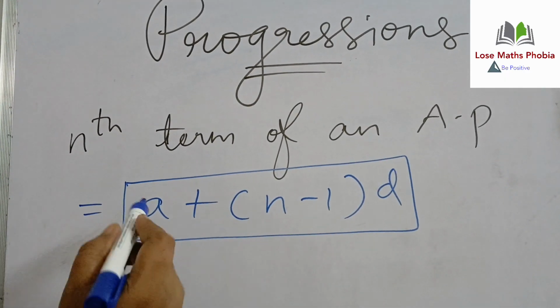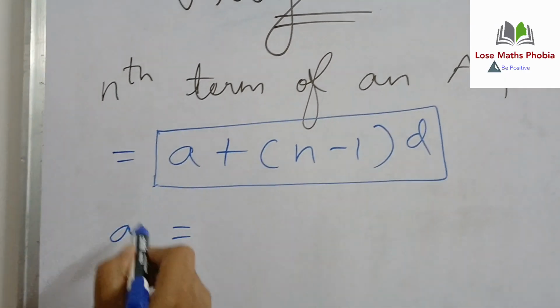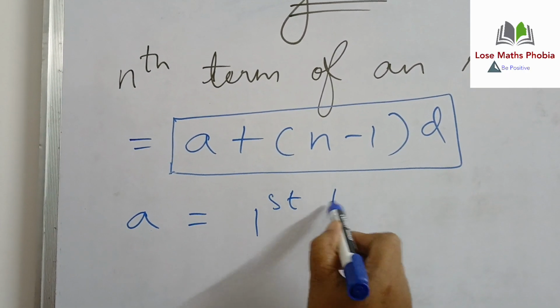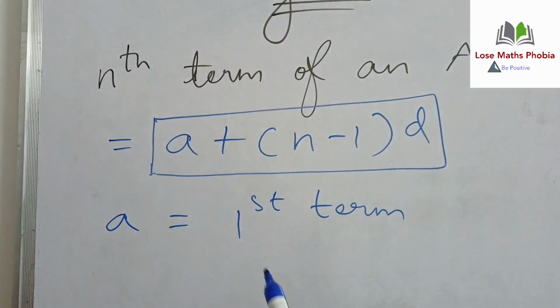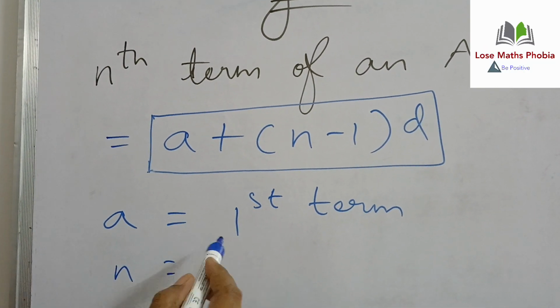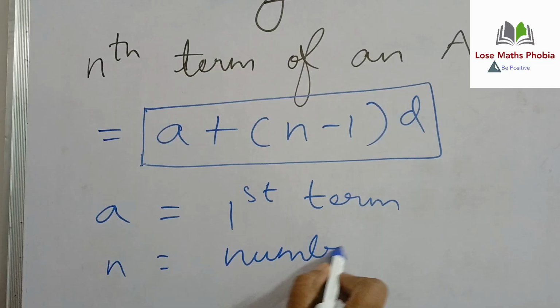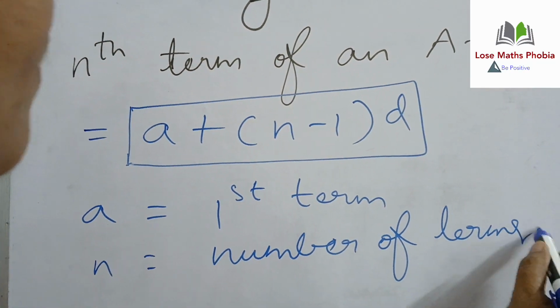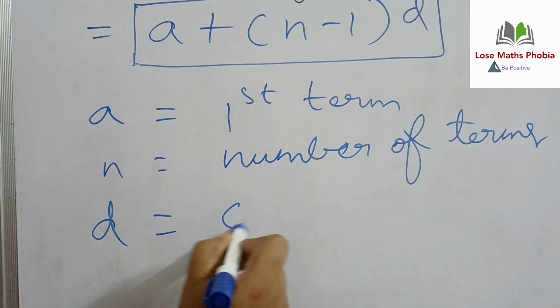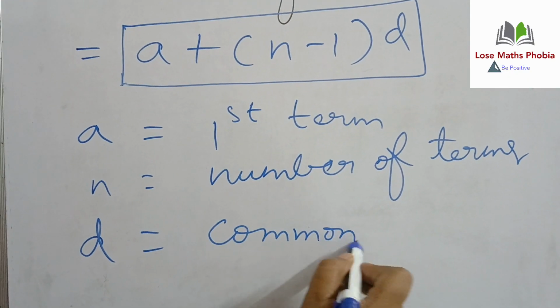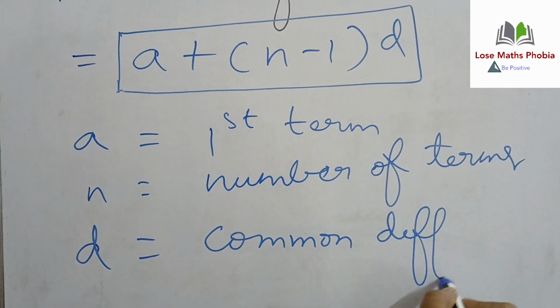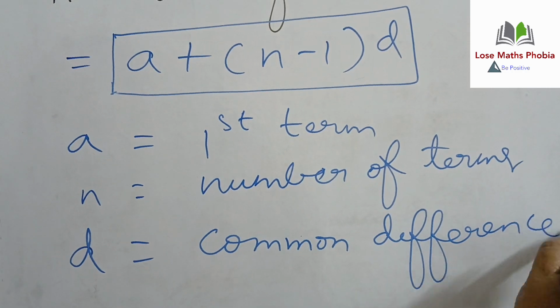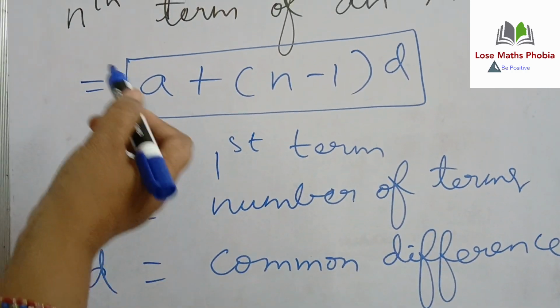So what does a represent? a is the first term of the given AP. And n is number of terms. And d is common difference. I will let you know what is meant by common difference or number of terms, what is an AP.